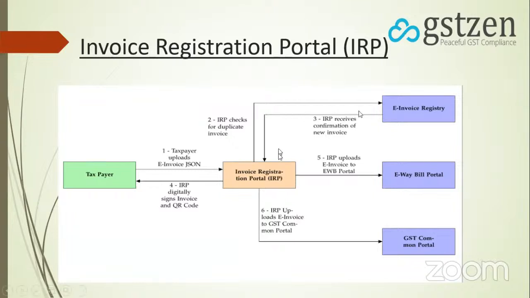Once confirmation is given that all the details are correct and it's a new invoice, the e-invoice gets generated. IRP digitally signs the invoice and QR code and sends it back to the taxpayer. If an e-way bill is also generated, the information is sent to the e-way bill portal, and then ultimately it is auto-populated in GSTR1.